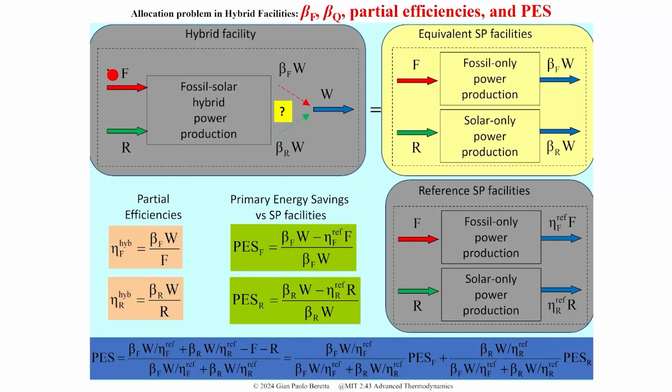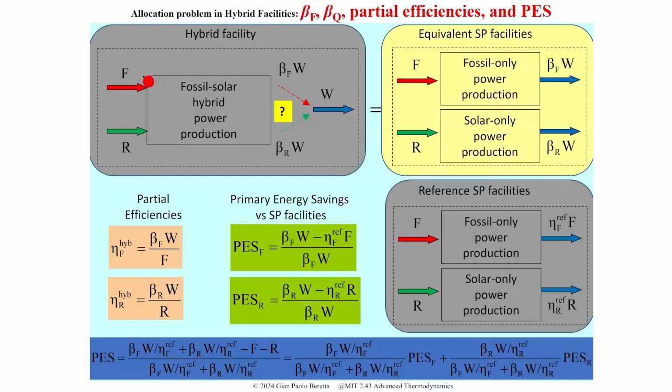In this way, you may have advantages both from the point of view of efficiency, so it's a more stable input for your power plant, and also for the cost, because the investment is going to be diluted over more hours of operation.